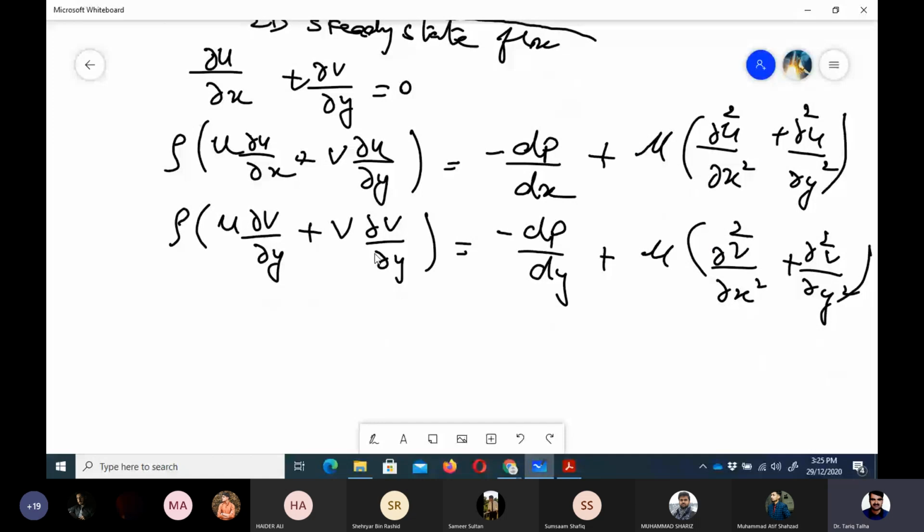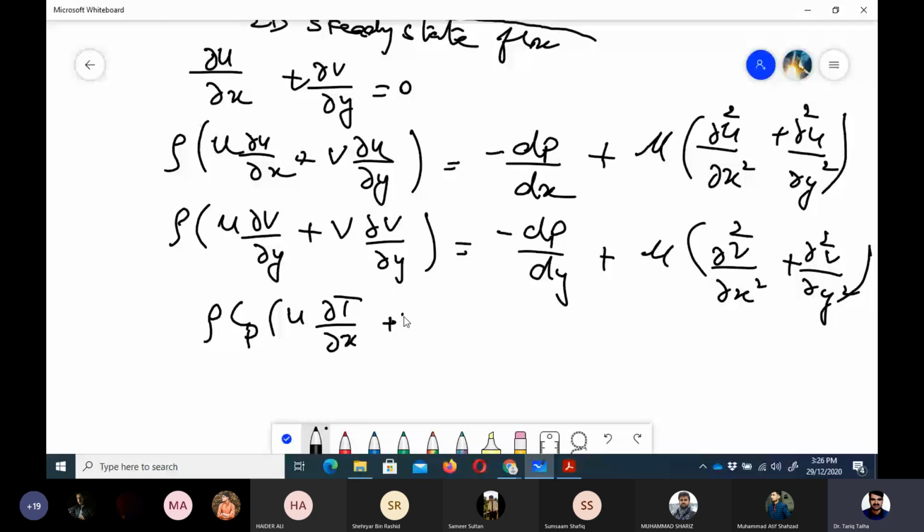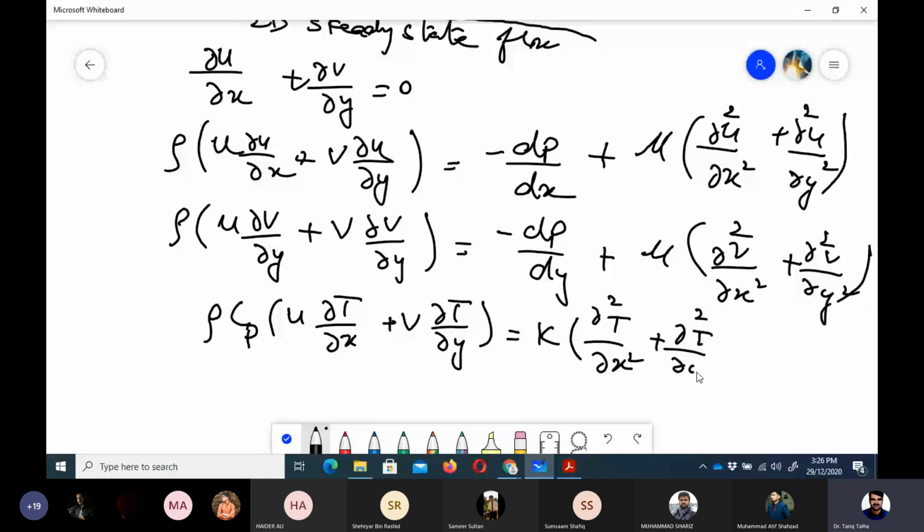Now, if we also want to calculate the temperature, then we need to write the energy equation: rho Cp into u into partial T by partial x plus v into partial T by partial y equal to k into partial square T upon partial x square plus partial square T upon partial y square plus mu into psi plus q dot.